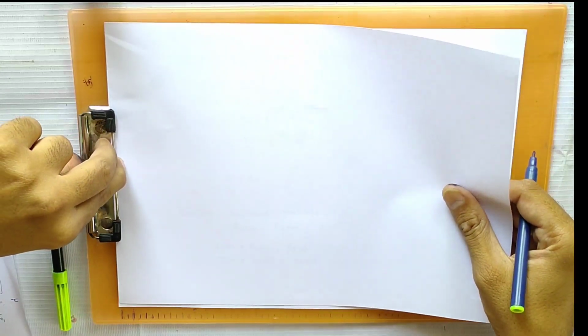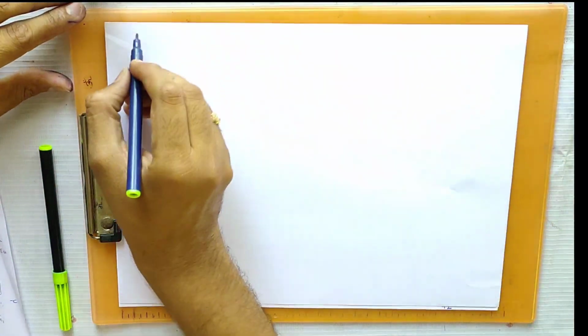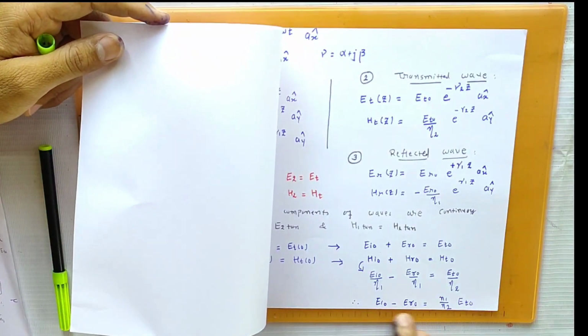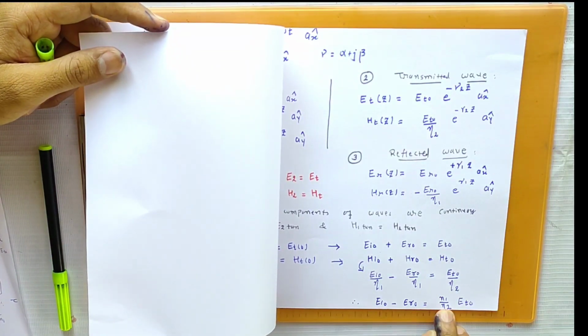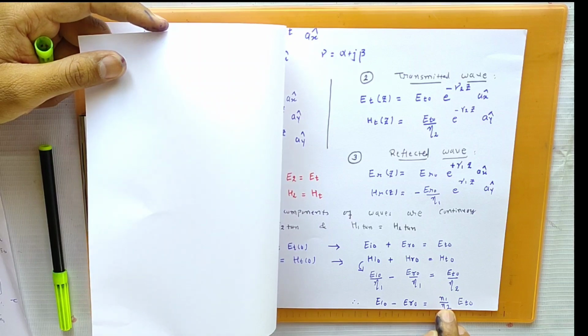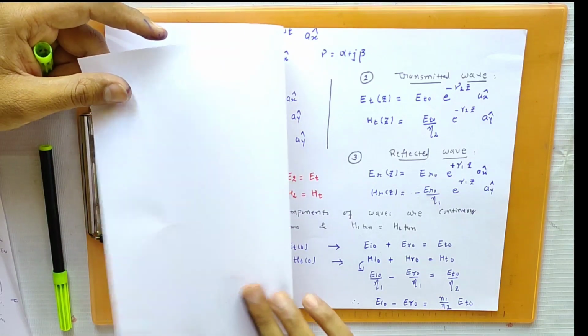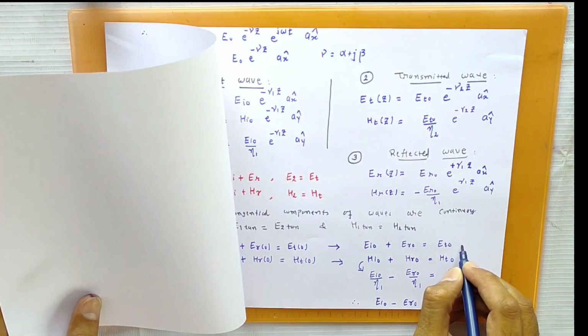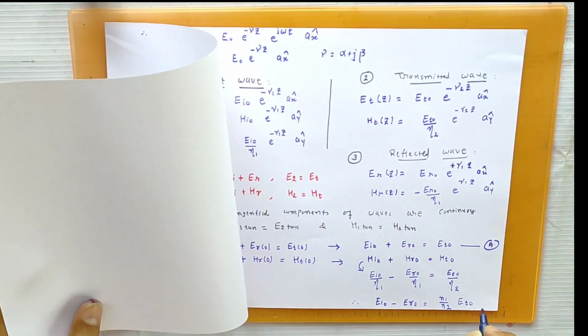We'll continue. So I have to rearrange this term. You can write it in this way, this EIO. Now we have got two equations, equation A and equation B.